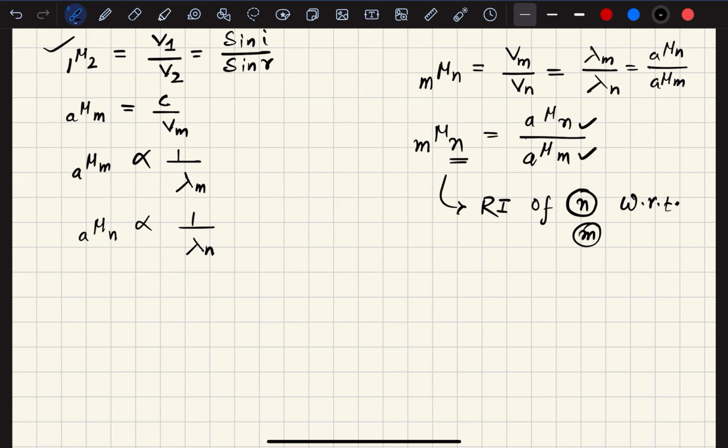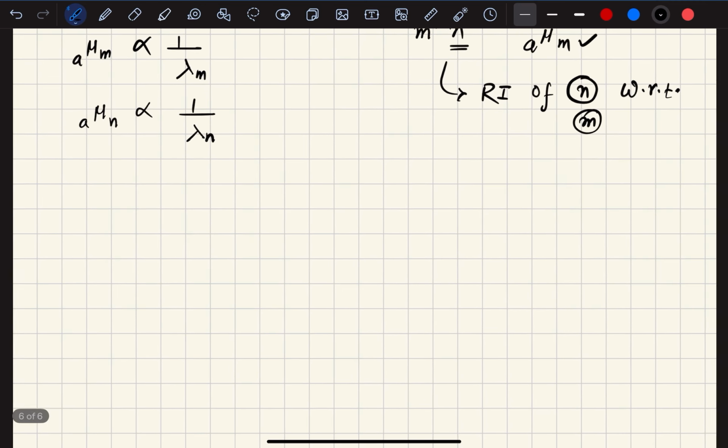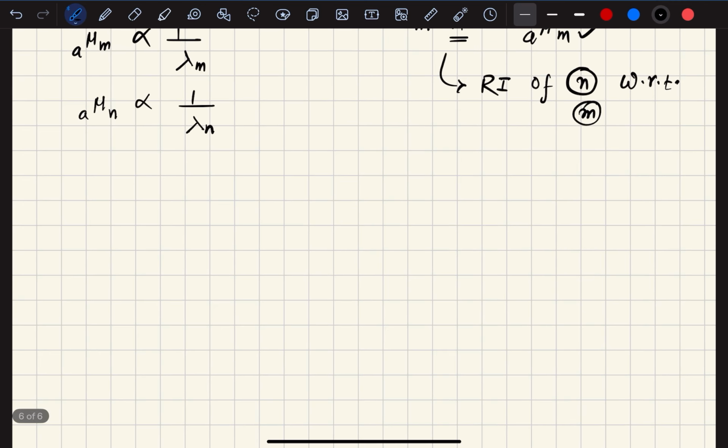Why not do a simple problem? Right? Let us take this one. aμglass is 3 by 2. aμwater is 4 by 3. Let us find out what is gμw.